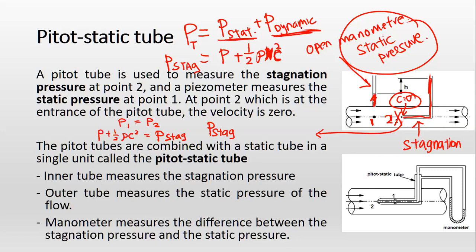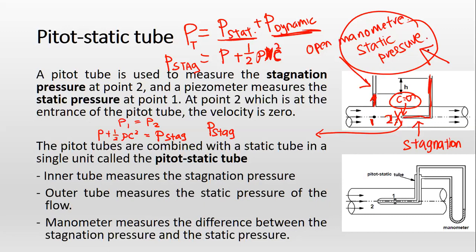Without a pitot tube, we are only at most able to measure the static pressure. We will not be able to take into account the velocity component. So an open manometer will only be able to measure the static pressure, whereas a pitot tube is able to measure the total pressure, or in our context, the stagnation pressure.